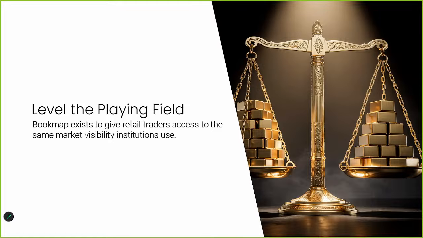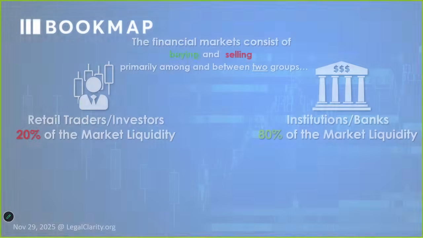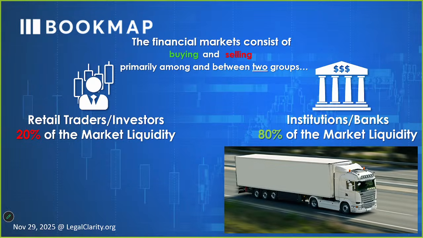Now, in a world that is controlled by supply and demand, it is important that we understand who controls the order flow. Whoever has the most order flow, whoever controls the liquidity, essentially controls the market. Right now, banks and institutions make up, on average, about 80% of the market liquidity, and retail traders make up about 20%.